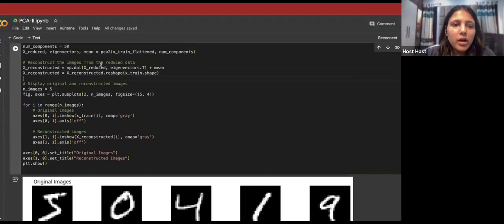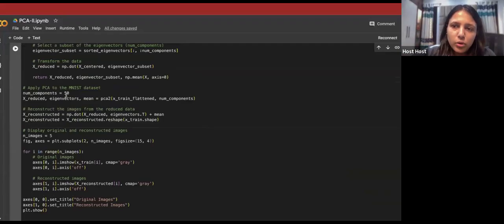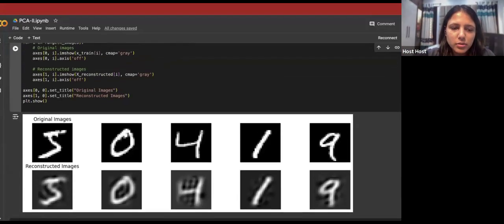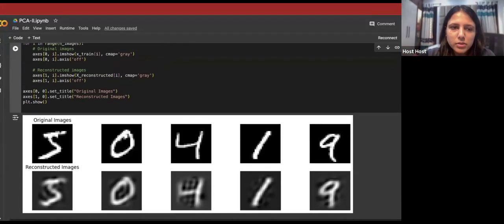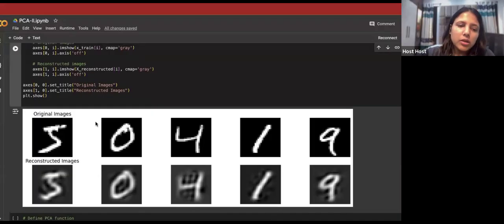So even though I am now reducing the dimensionality of this data, now this data is in less number of features, which is like 50 features. When you visualize this image, it's not losing its complete structure, right? You can still identify a 5 from here, a 0 from here, a 4 from here, a 1 from here, and a 9 from here, right? Are you able to see that? These are actually, you can see original data in this.